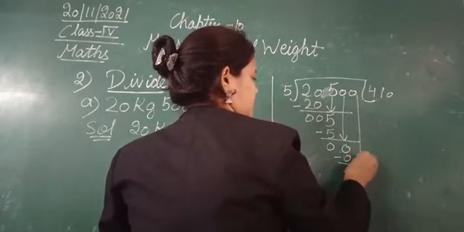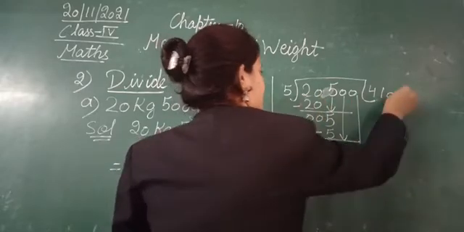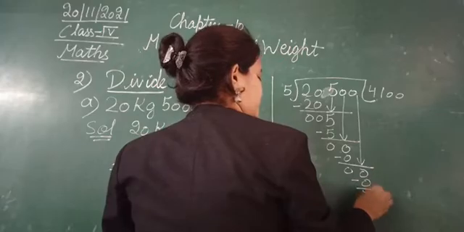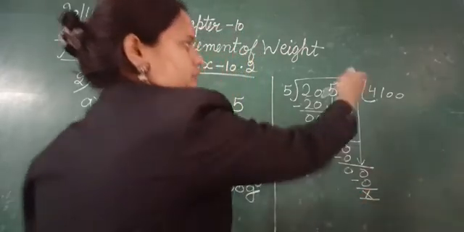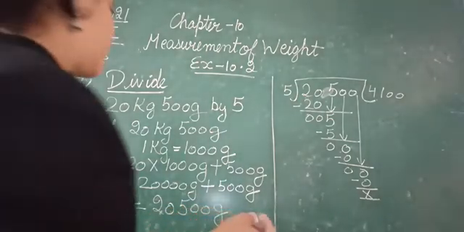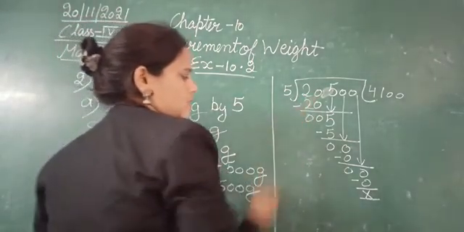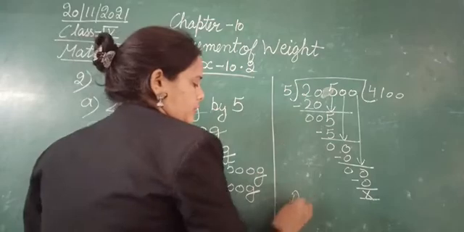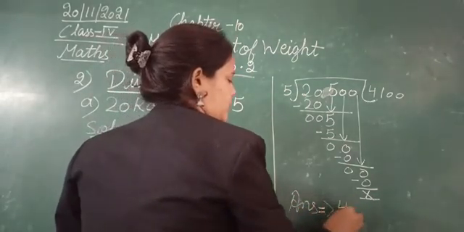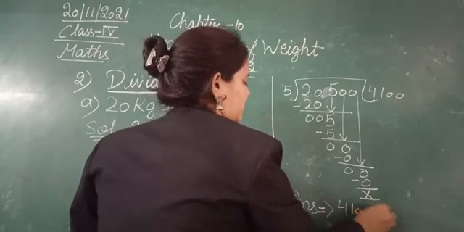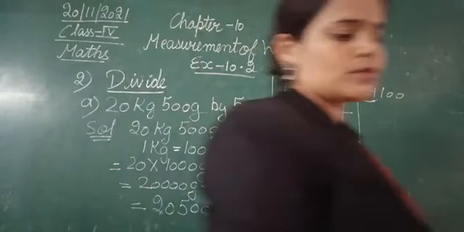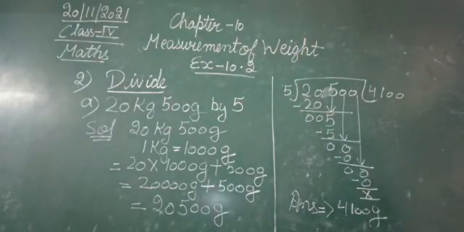Next, again 0. 5 zeros are 0. 0 minus 0, nothing is left. So the answer is 4100 gram, because here we have converted into gram.